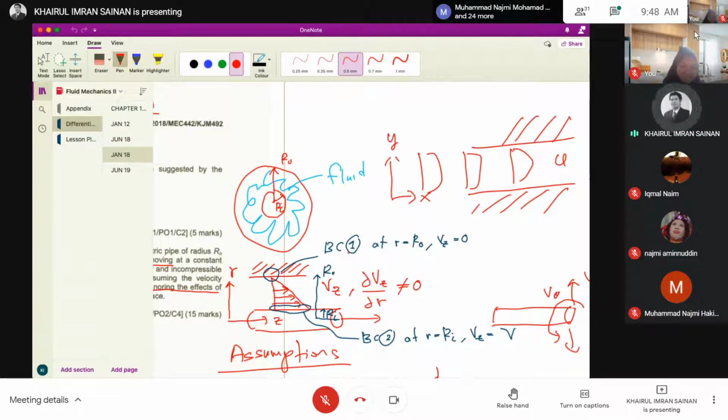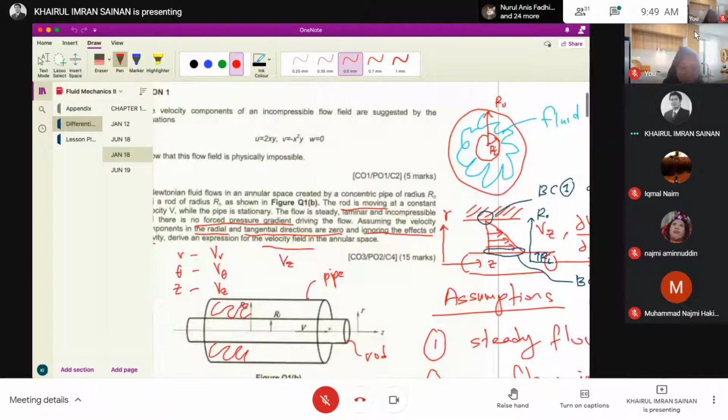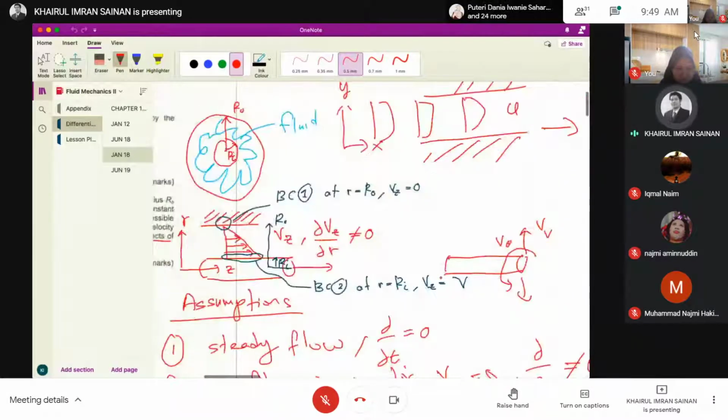So for BC1, this is the R direction, at R equals to R outer, VZ equals to 0, right? There's no velocity there. That is BC number 1. And for BC number 2, at R equals to R inner, VZ equals to V, because the velocity given is actually V. Do not put VZ equals to VZ.